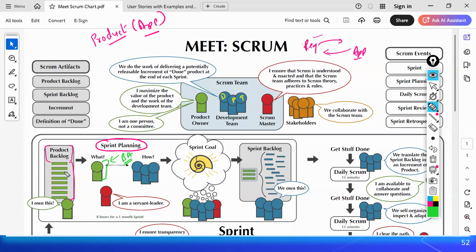But it is created with support from the BAs, because of all the client interaction, taking down those requirements, and coming up with the finished set of requirements from the client. That is what this product backlog is all about.